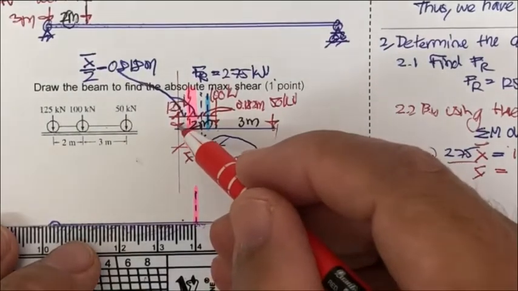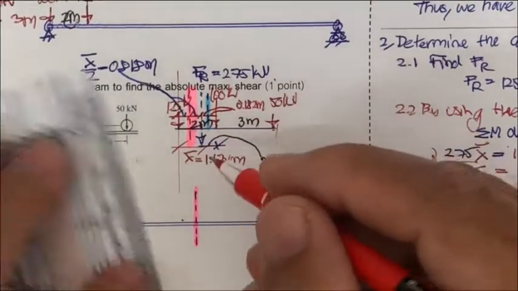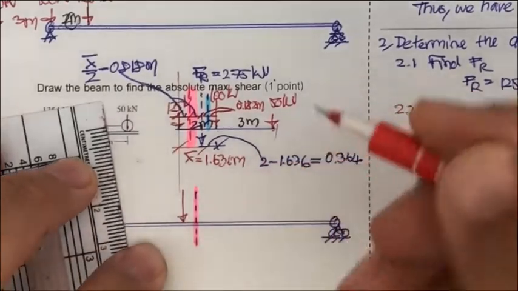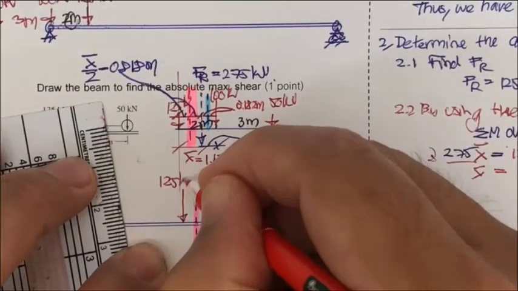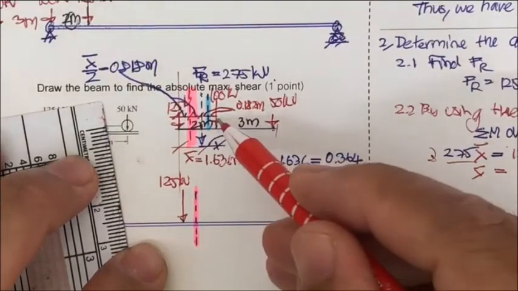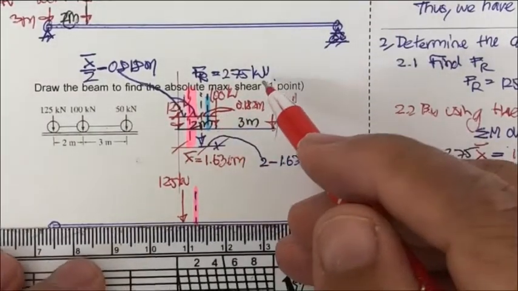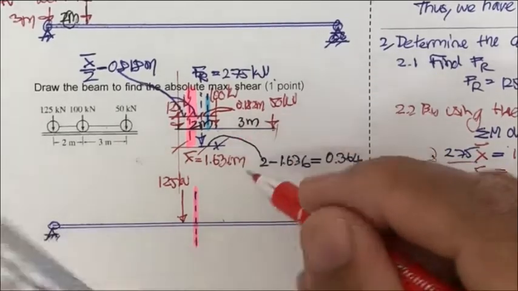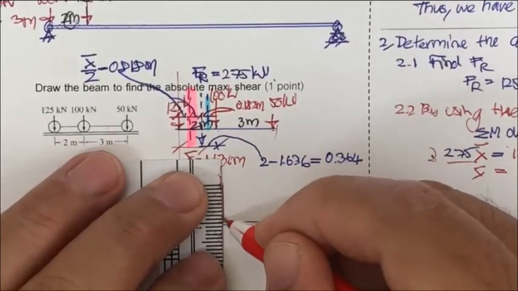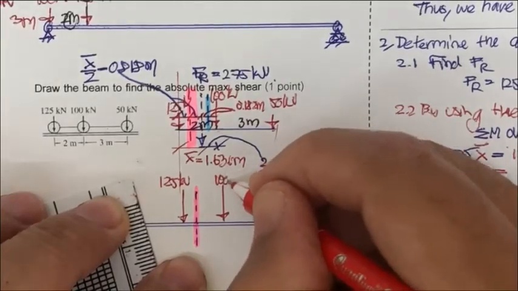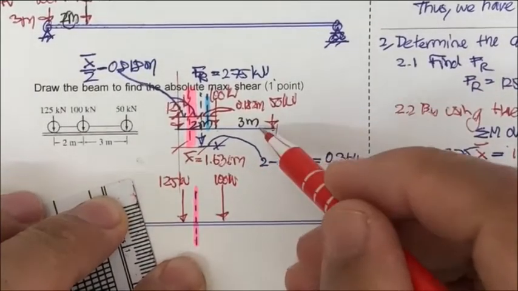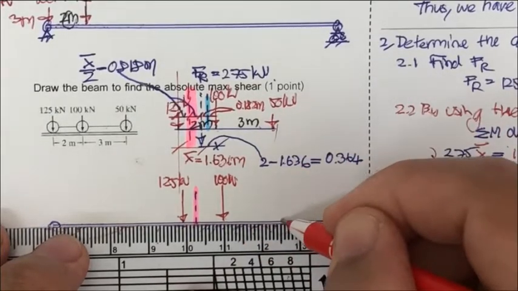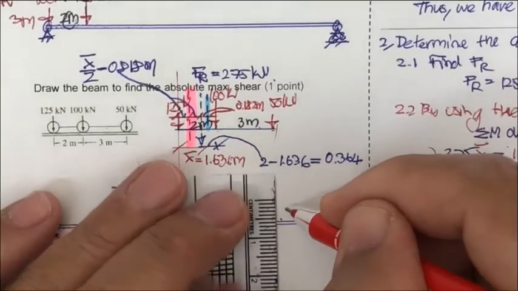And what we have is, this one is 125 kilonewton. So just put 125 kilonewton here. And then you measure 2 meter. That is 1 centimeter here. You get 100 kilonewton. This is 2 meter, and then another 3 meter, 1, 2, and 3. You get this one for 50 kilonewton.